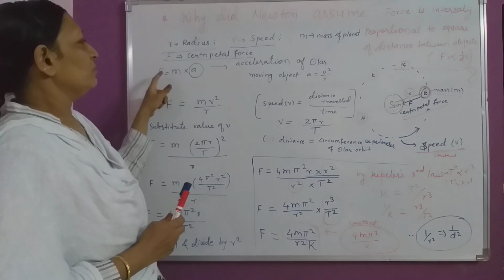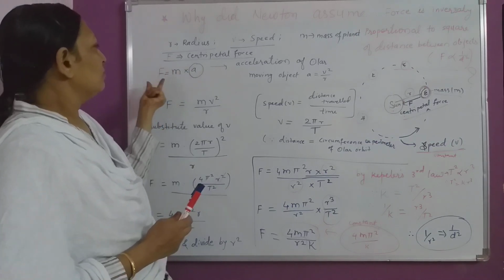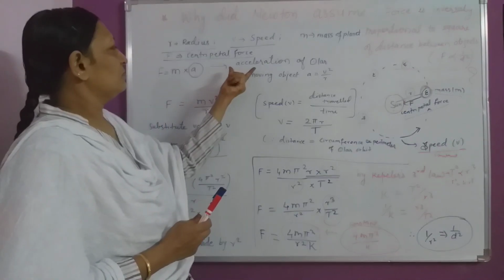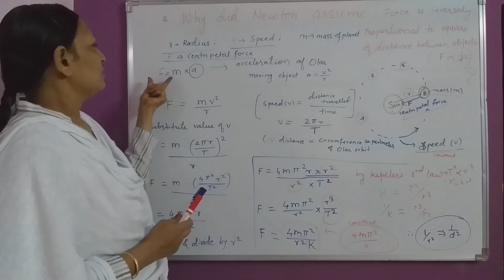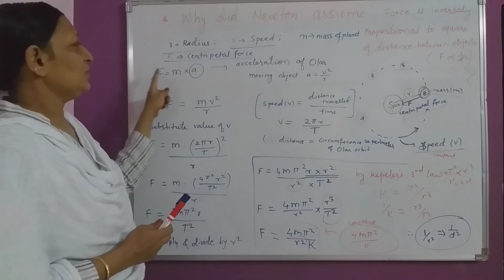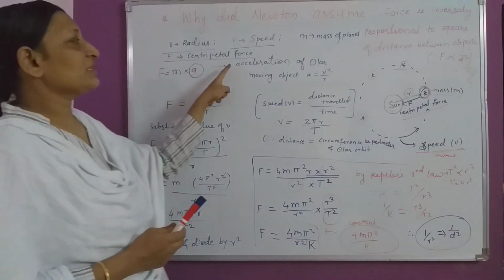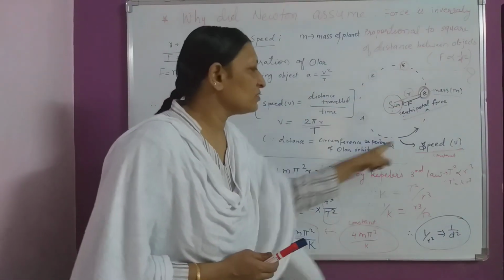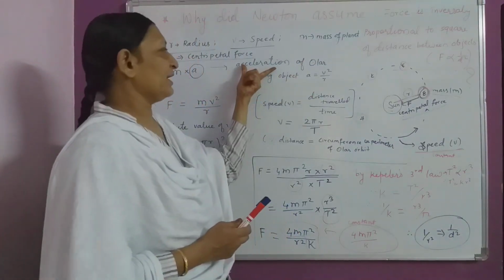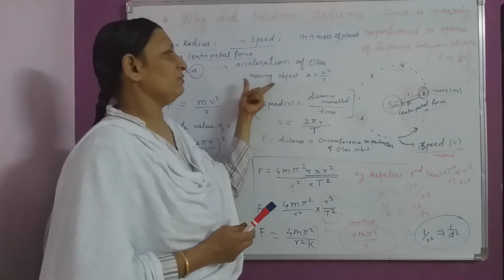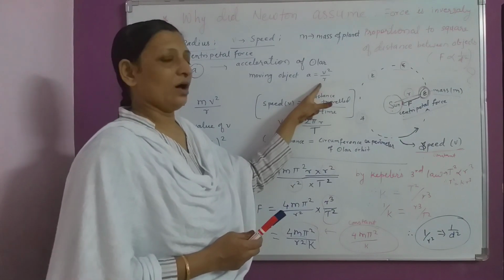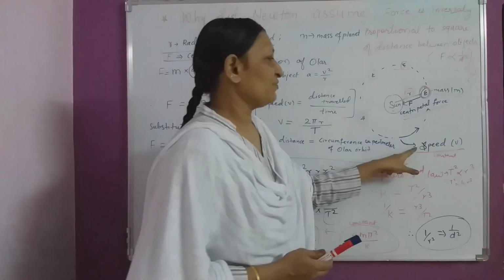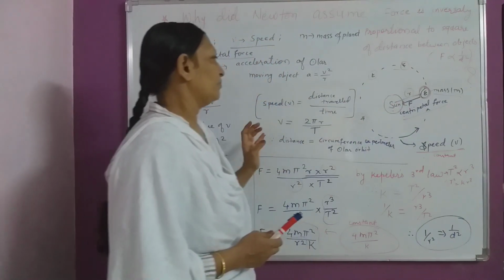So here the value of force will be mass into acceleration. Now acceleration, since the object is moving in a circular orbit, the acceleration of the circular moving object will be v square upon r, that is the square of the speed upon r.